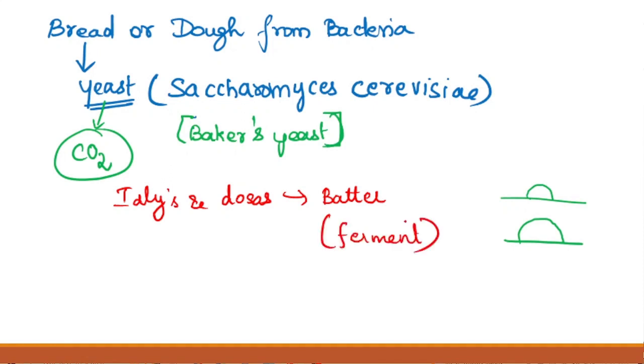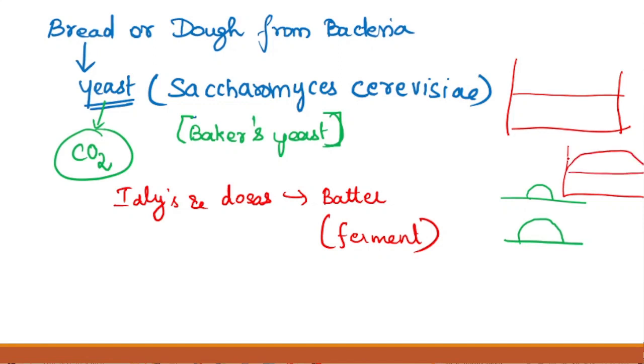Initially if this is a vessel with the batter at this level, after the fermentation the batter will rise like this. That is also due to the release of carbon dioxide. We consume the fermented batter as idlis and dosas. That is also an action of microbes.